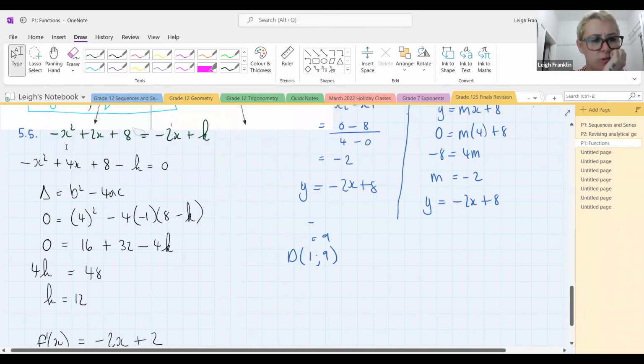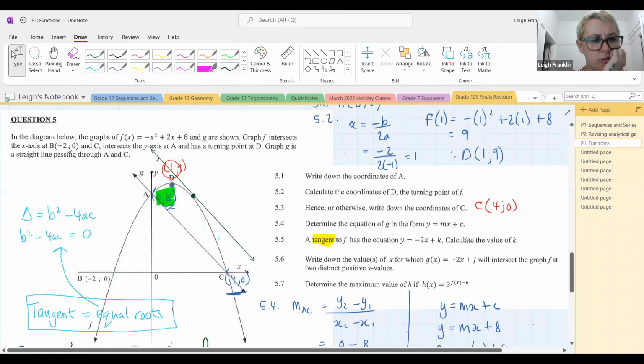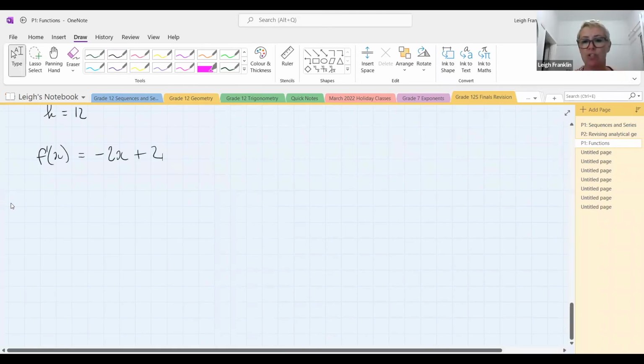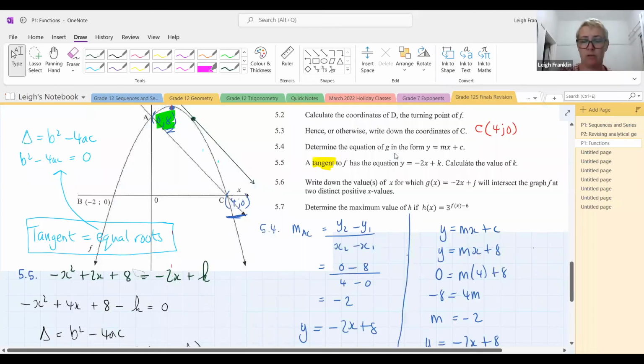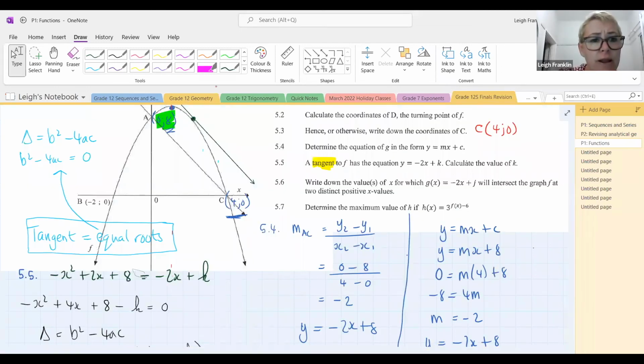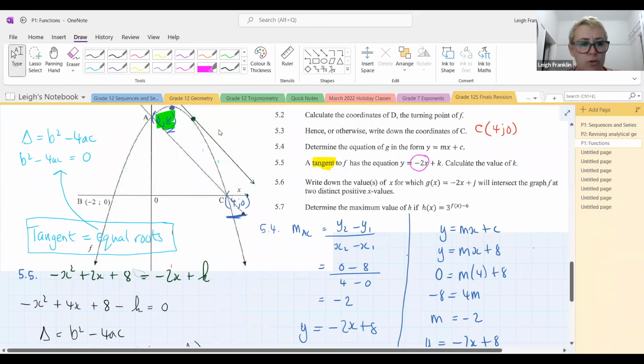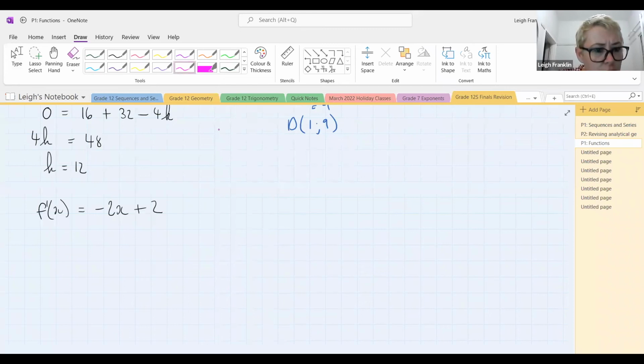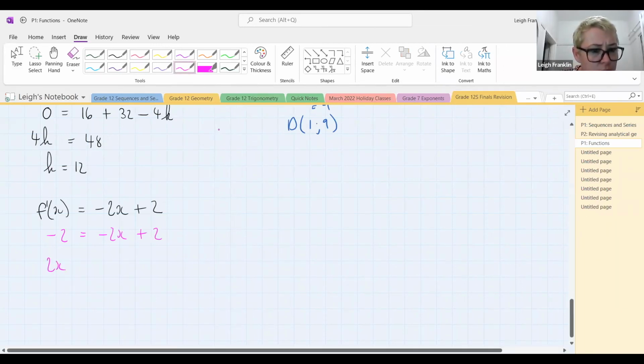We know that the gradient of this particular tangent is equal to negative 2. So if we now make this equal to negative 2, we can solve for the x coordinate at which this happens. I'm going to take the 2x over to the other side, so that would be positive 2x. Add 2, that would be 4. So this would be where x is equal to 2.